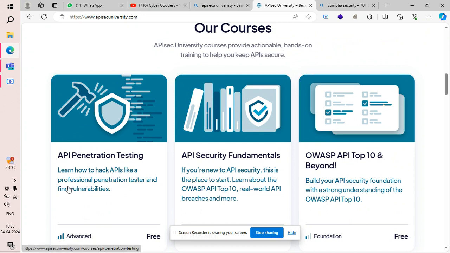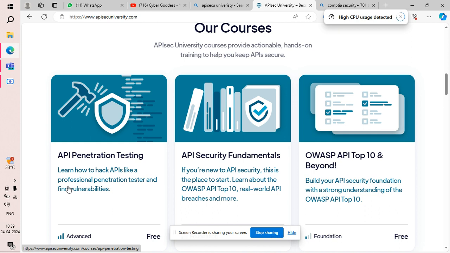API testing involves testing the application program interfaces, that is APIs, directly without the need of the user interface. It's crucial in bug bounty hunting programs because APIs often represent the backbone of web and mobile applications.